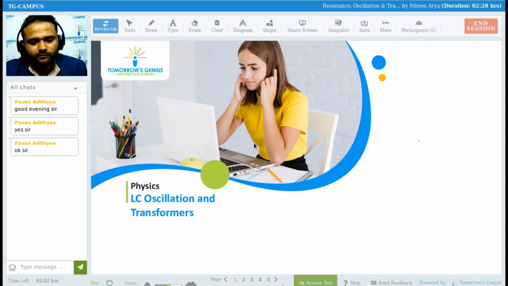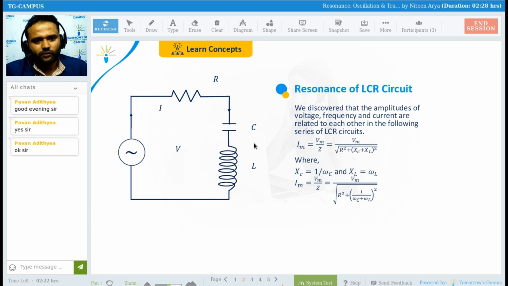So the basic thing: we already did this, the resonance of an LCR circuit. So what is an LCR circuit? It is a circuit in which we apply an alternating voltage, with L, C and R. L stands for inductance, C stands for capacitance, and R stands for resistance.